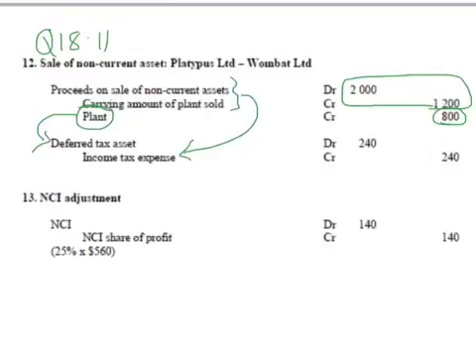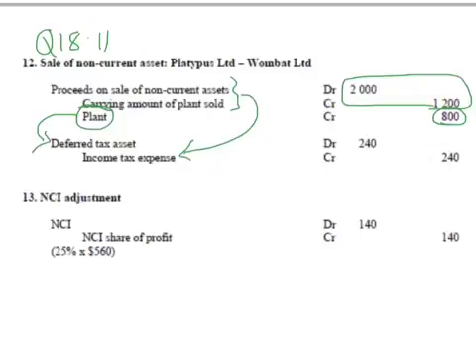So the reversal of the profit leads to a reversal of the tax expense. Now that's all straightforward from our studies on intergroup transactions and how it's dealt with on consolidation. But in this question we now further have to consider the effect on our NCI calculation.